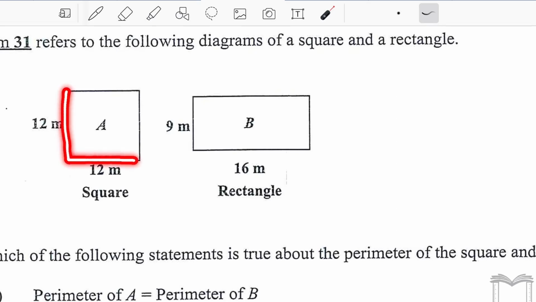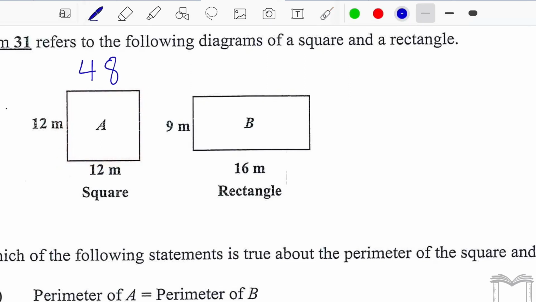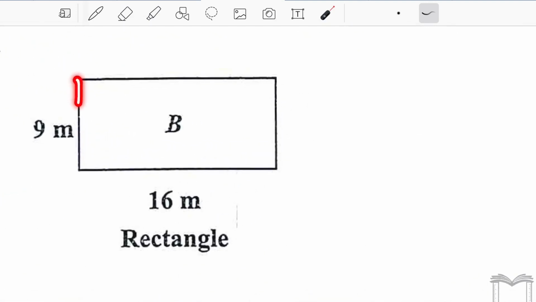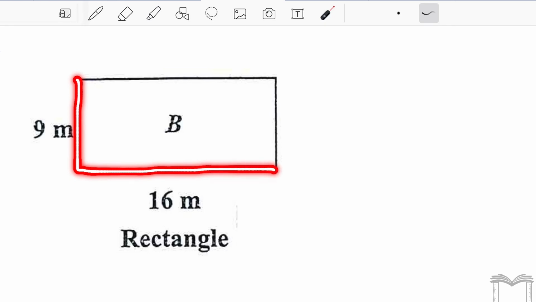So this will be 12 plus 12 is 24, plus 12 is 36, plus 12 is 48, or in other words, 12 times 4 is 48. So it's 48 meters. And the rectangle would be 9 plus 16, this is 25.